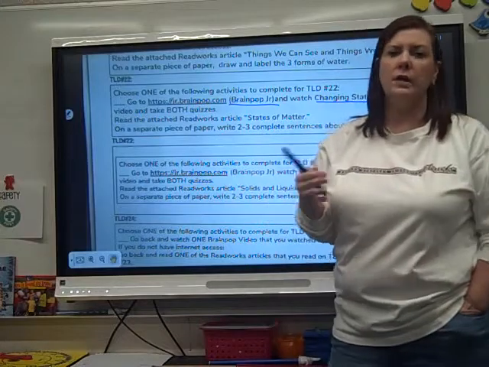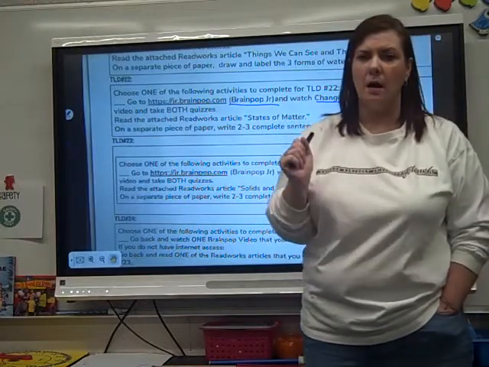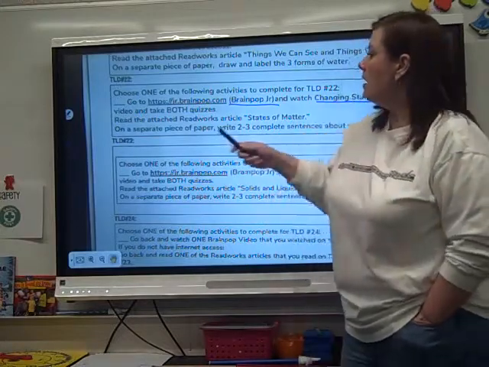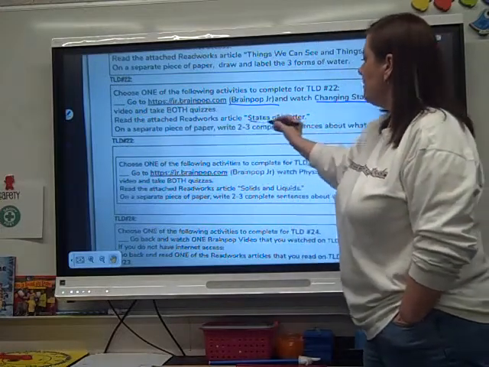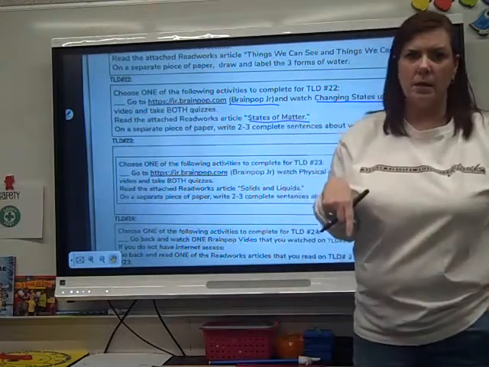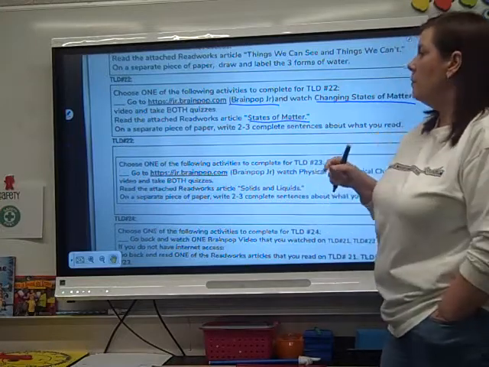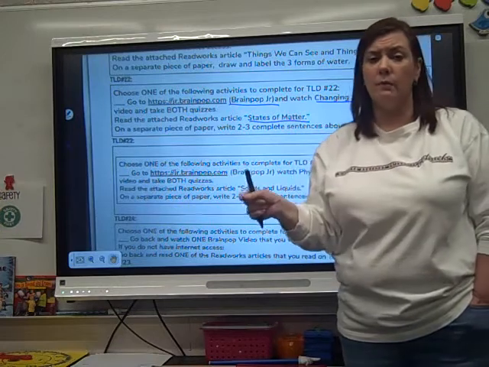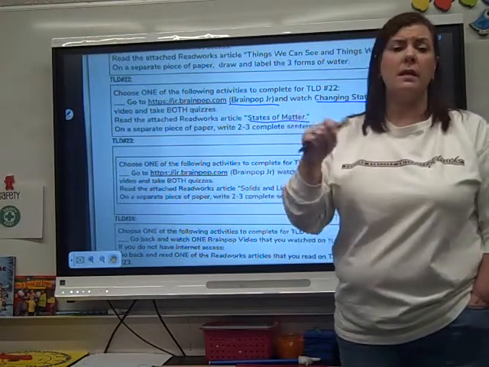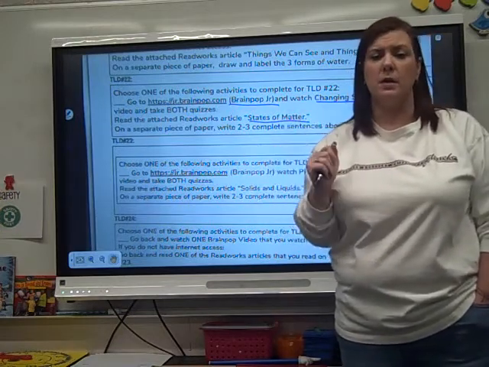You just take one or talk about it and have mom or dad sign off, okay? Or you can read the article, States of Matter, have mom or dad read that to you, and then you can either tell them a fact that you learned and they can write it down for you, or you can just talk about it and they can sign off, okay? That's all you need to do.